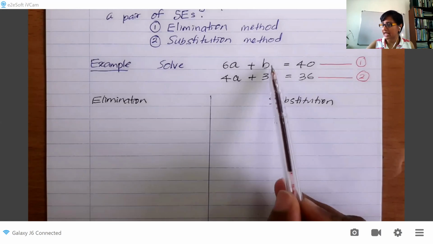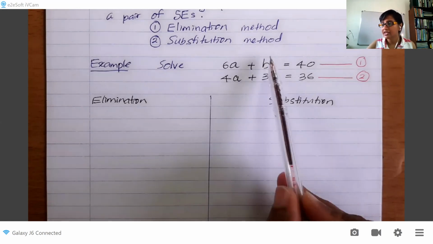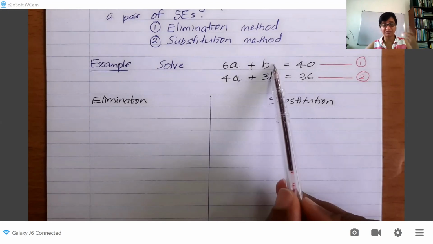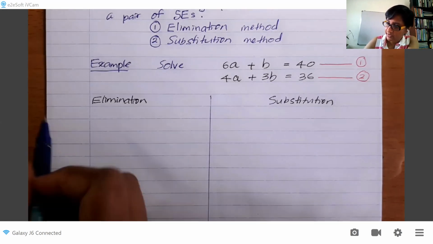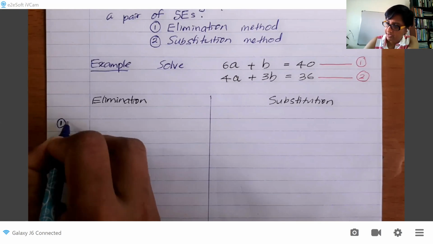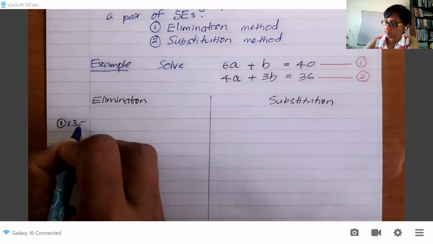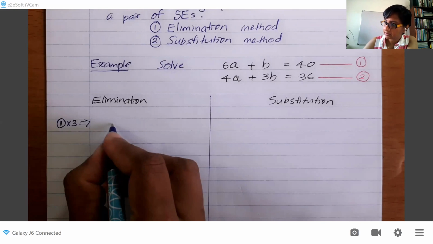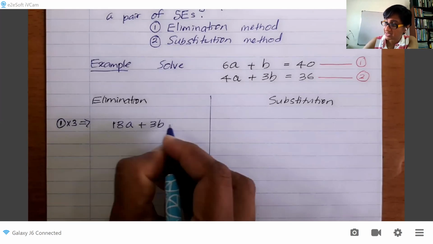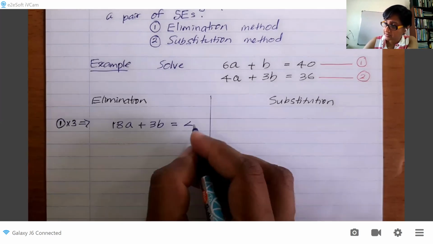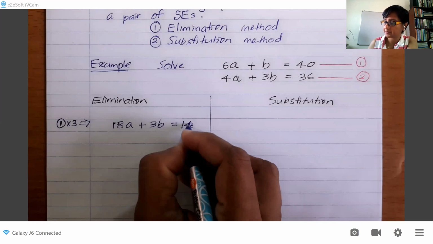So what's the easiest to do? The B terms can be made the same if I multiply the first equation by 3. So I do that. First equation multiplied by 3, I get 18A plus 3B equals 120.